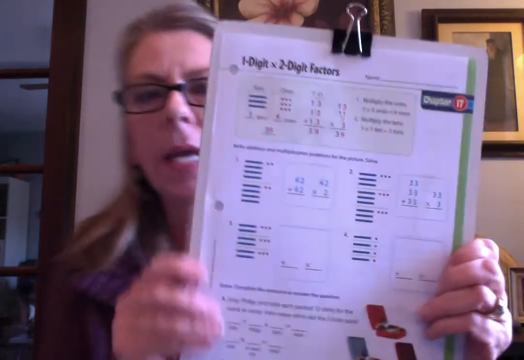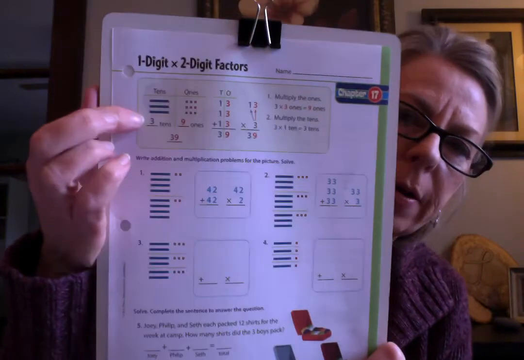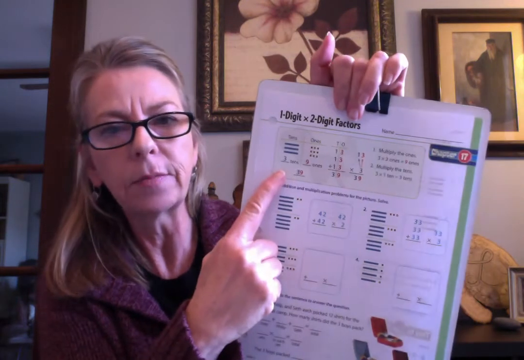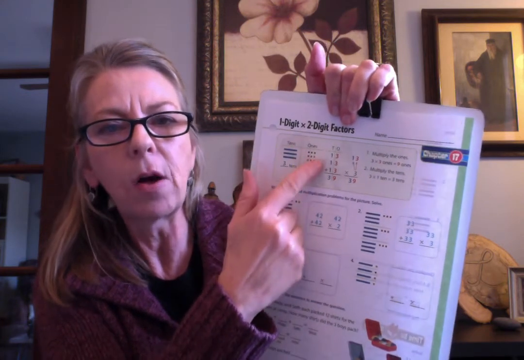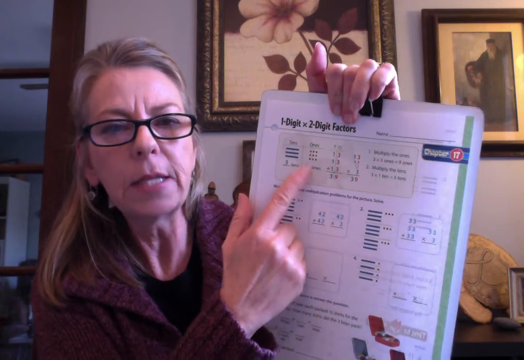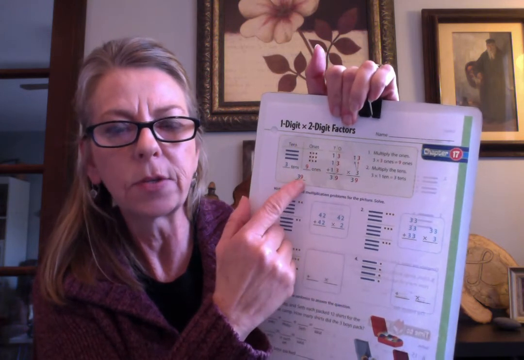Okay, so let's take a careful look up here at the top. All right, so they are showing 13 times 3, just like we did. Okay, so they had a 10 and 3 ones, a 10 and 3 ones, a 10 and 3 ones. They put all the 10s together and all the ones together. There were 9 ones and 3 10s, and the answer is 39.